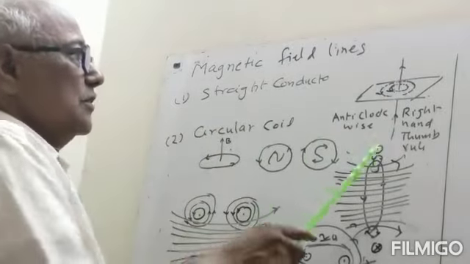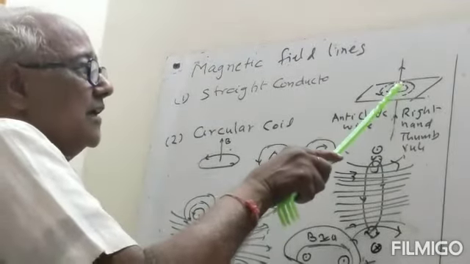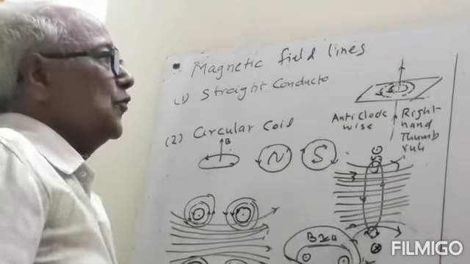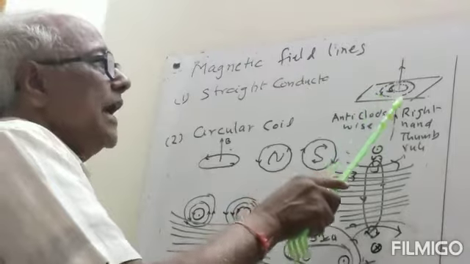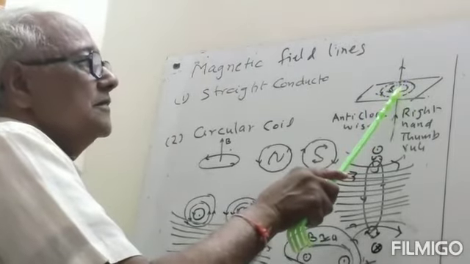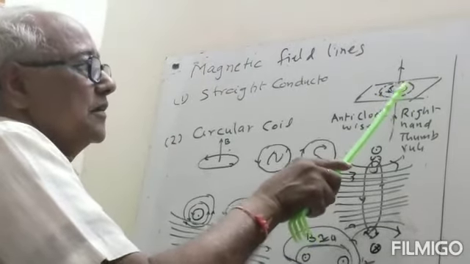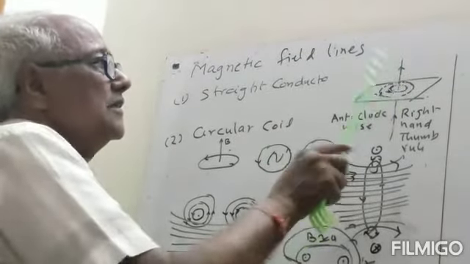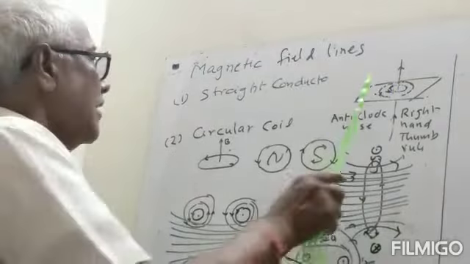The curvature of the fingers will be like this, so the magnetic lines of force will be in the anti-clockwise direction, whose center is the current carrier.